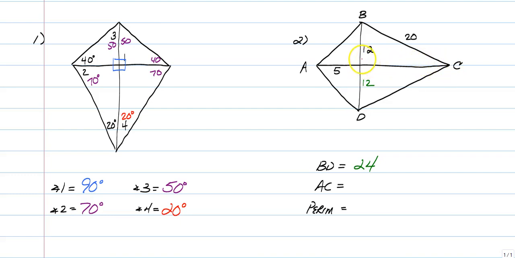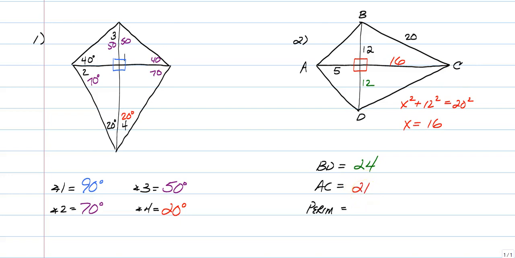So the crucial piece of information there is the fact that these diagonals are perpendicular. That should remind you that you can use the Pythagorean theorem. So that would give you x squared plus 12 squared is equal to 20 squared. And then all you have to do is use your Pythagorean theorem over here, and x ended up giving you 16. So this guy right here is 16. So from A to C, that's going to be 21.